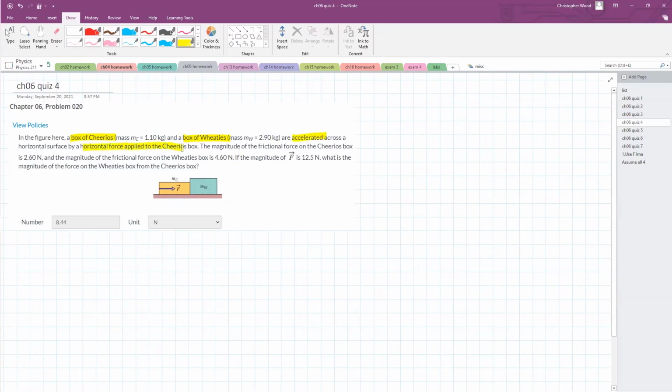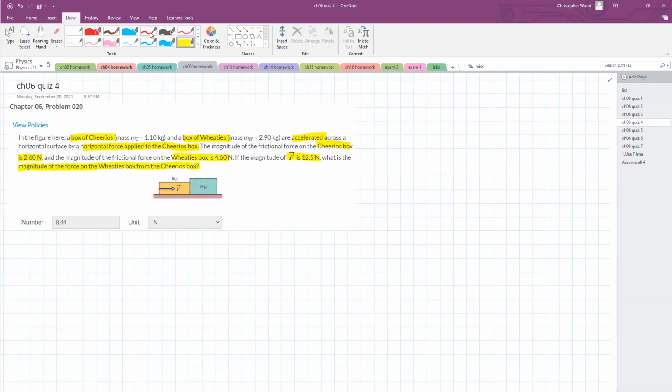Okay, applied to the Cheerios box. And then we do have friction. We have friction on the Cheerios, and we have friction acting on the Wheaties. Okay. If F is 12.5 newtons, what's the magnitude of the force on the Wheaties box from the Cheerios box?